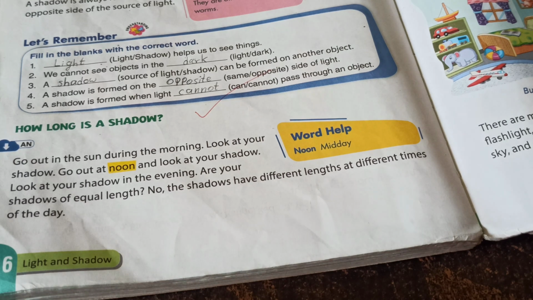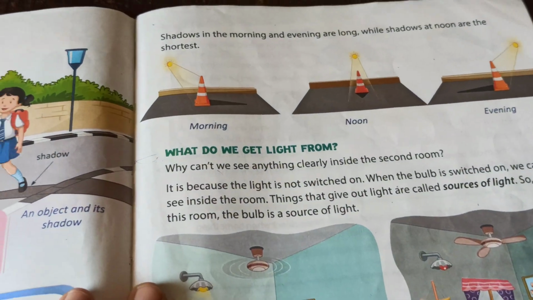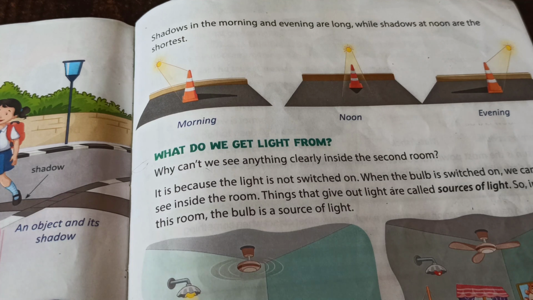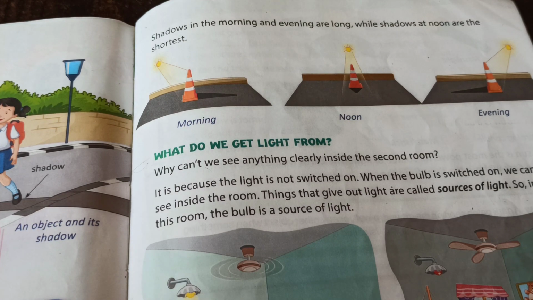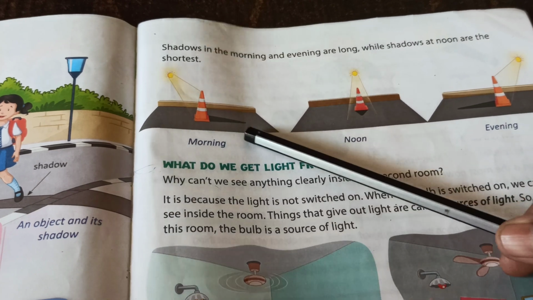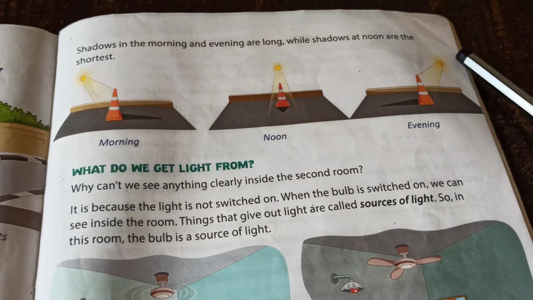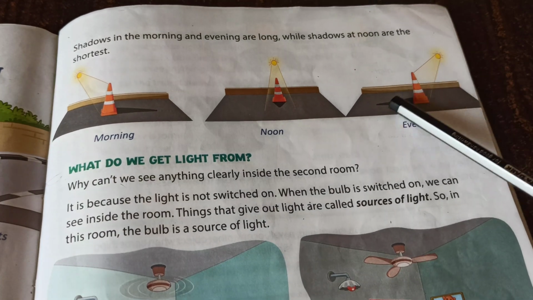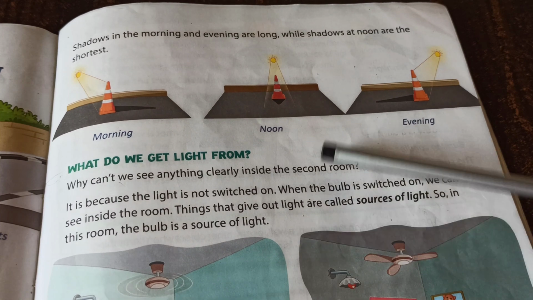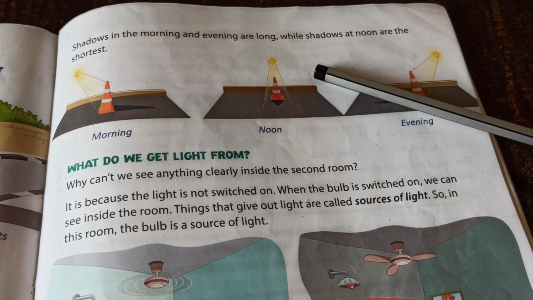See a few pictures here. Shadows in the morning and evening are long. On one side is the sun, and on the opposite side you can see the long shadow. And at noon it is the shortest shadow.